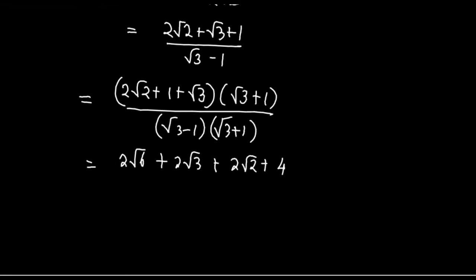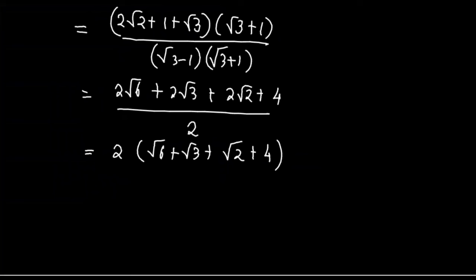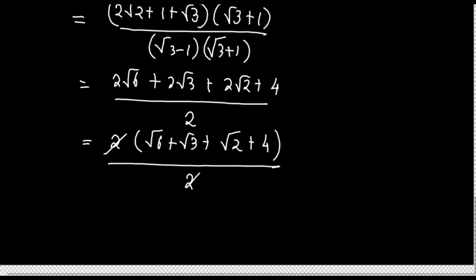Now from the numerator, if we take 2 common, it is root 6 plus root 3 plus root 2 plus 4, by 2. Now 2 with 2 is getting cancelled.